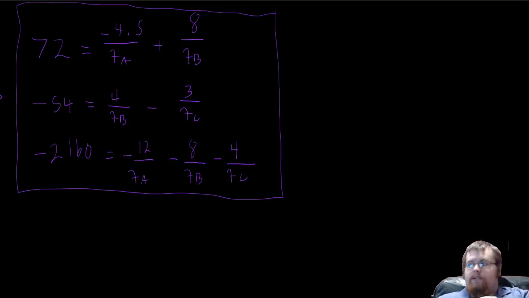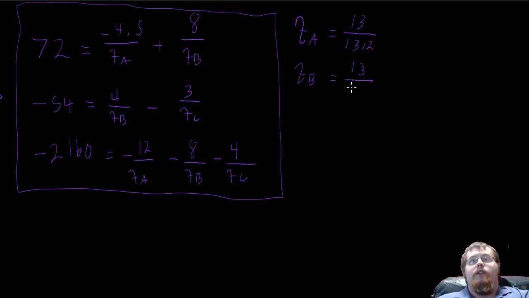We have, let's see where my mouse is. There it is. We have TA going to be equal to, putting this in fractional form because it's more accurate. I don't have to worry about rounding errors near as much. So that's always a good thing.